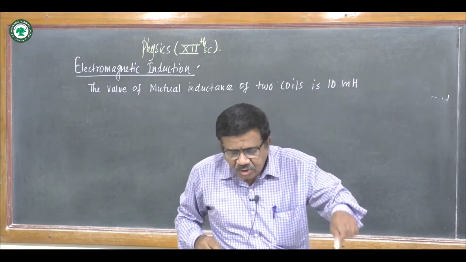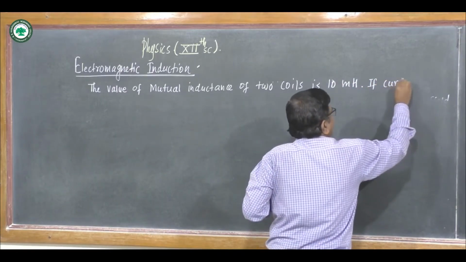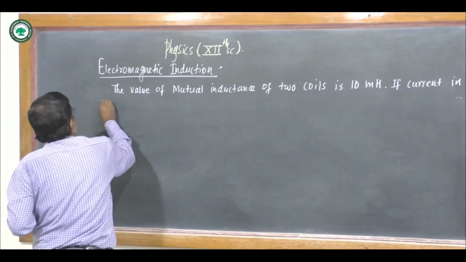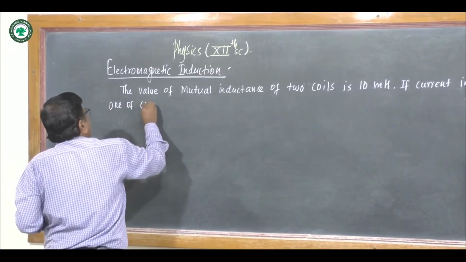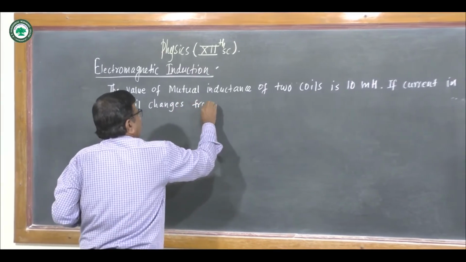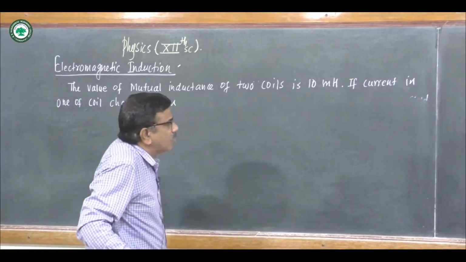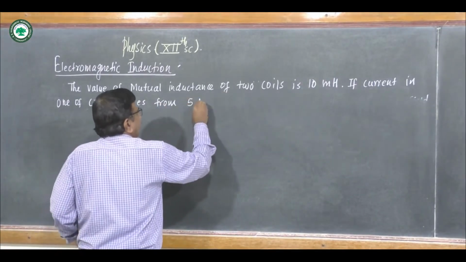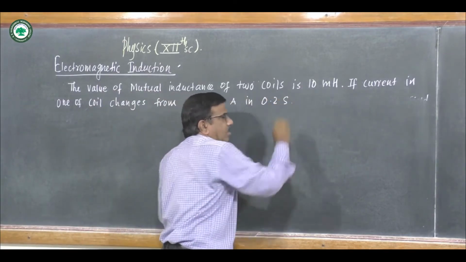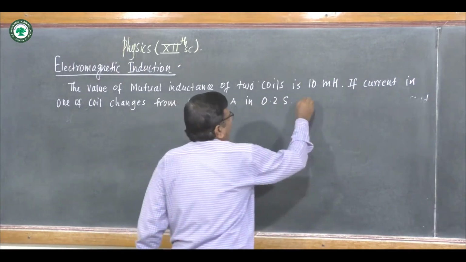If the current in one of the coils changes from 5 ampere to 1 ampere in 0.2 second, calculate the value of EMF induced in the other coil.